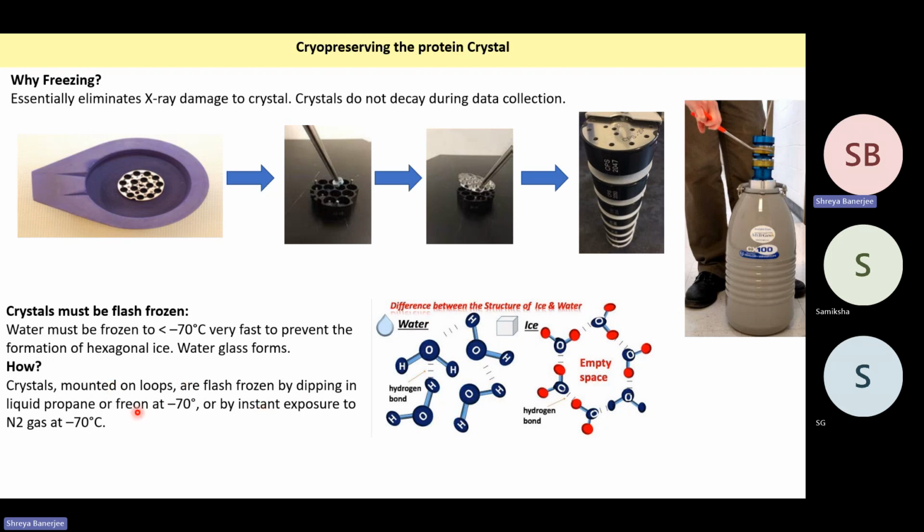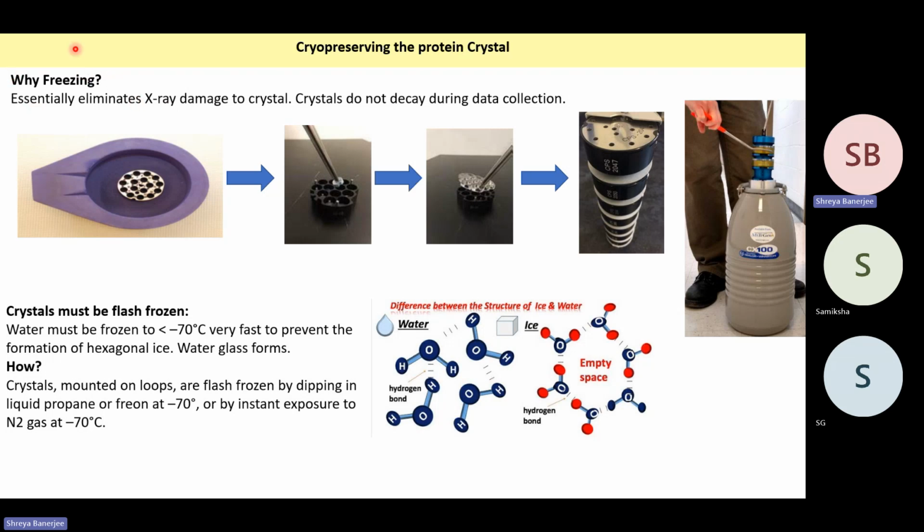But if you put it in, say, just a normal refrigerator where the temperature is minus 5 degrees Celsius, then the freezing will happen very slowly, and that will allow the water to reorient and form this kind of hexagonal ice-like structure. So this will completely destroy the structure of the protein. So that is why this flash freezing step is done.